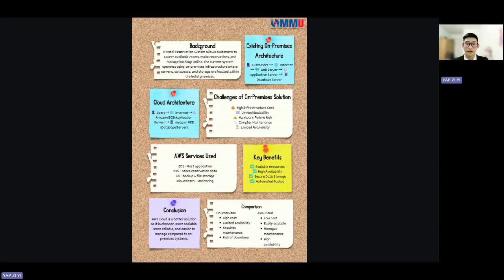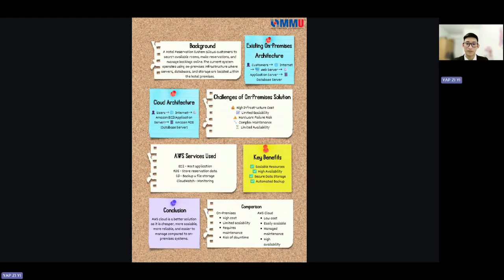Furthermore, there are risks related to backup and disaster recovery. In the event of hardware failures, cyber attacks, or natural disasters, recovering data can be difficult and may take a long time if proper backup procedures are not in place. Finally, security management is entirely the responsibility of the hotel.